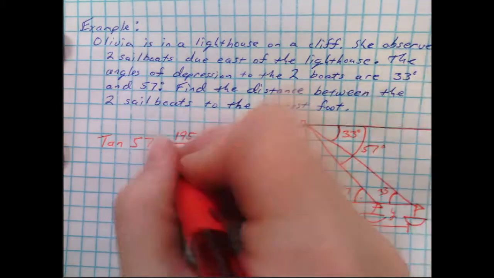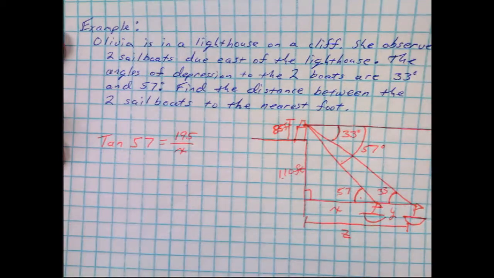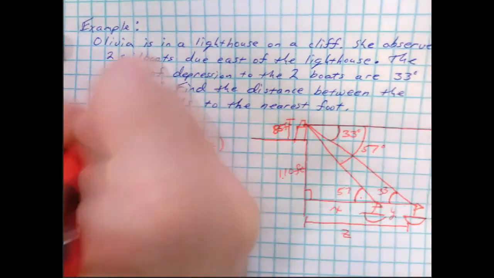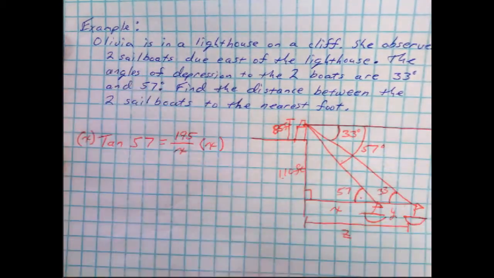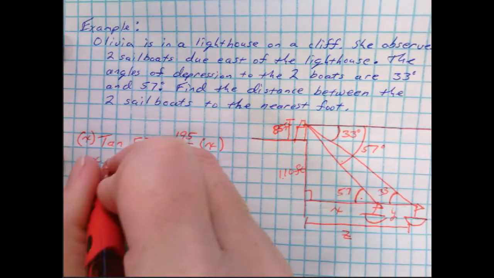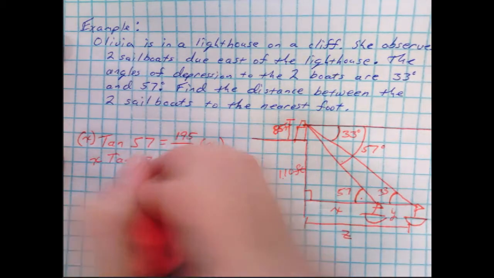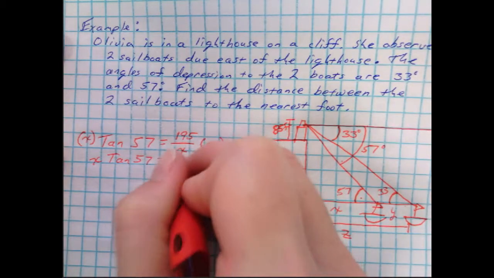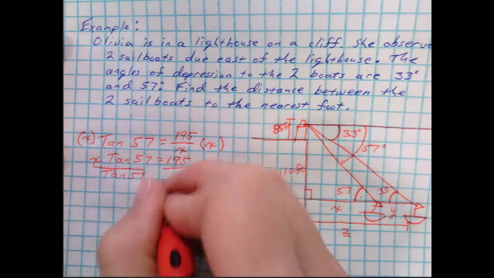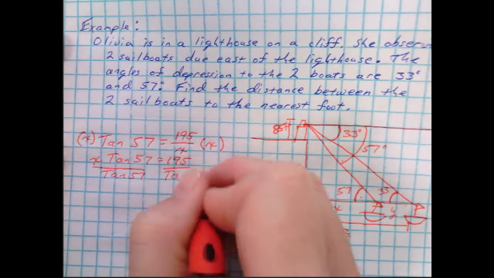My adjacent is x. Okay? So if you notice, this looks just like the one that we got done doing on the first example. So multiplying by x, multiplying by x. So we end up with x tangent of 57 equals 195. And then divide by tangent of 57 on both sides.